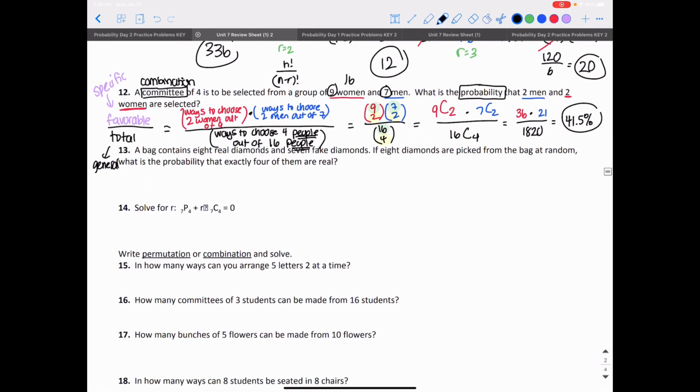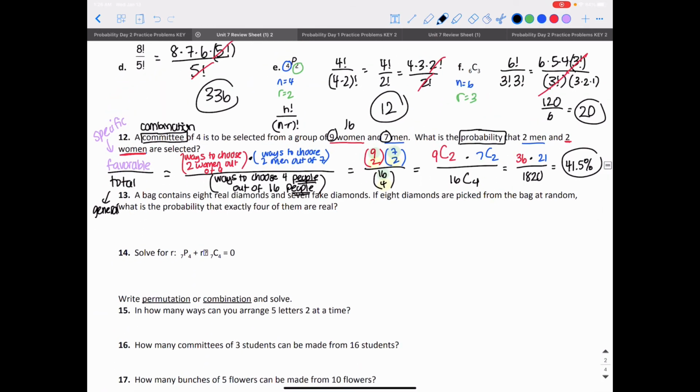For the next one, I have a bag that contains 8 real diamonds and 7 fake diamonds. I want to know if 8 diamonds are picked from the bag at random, what's the probability that exactly 4 of them are real? So again, I have 2 different categories here, real and fake, just like in the last one, I had men and women. I have to look at these 2 separately. So I have 8 real diamonds and 7 fake diamonds to start.